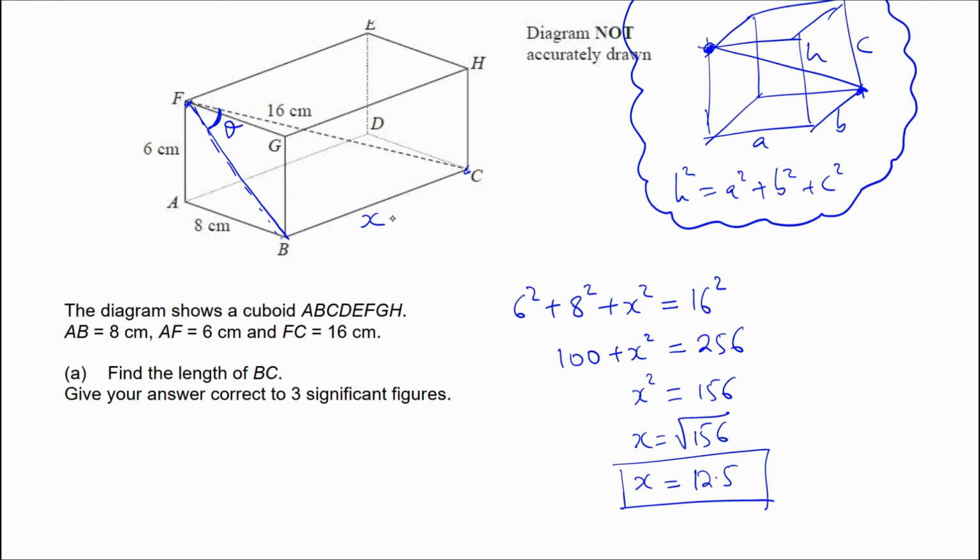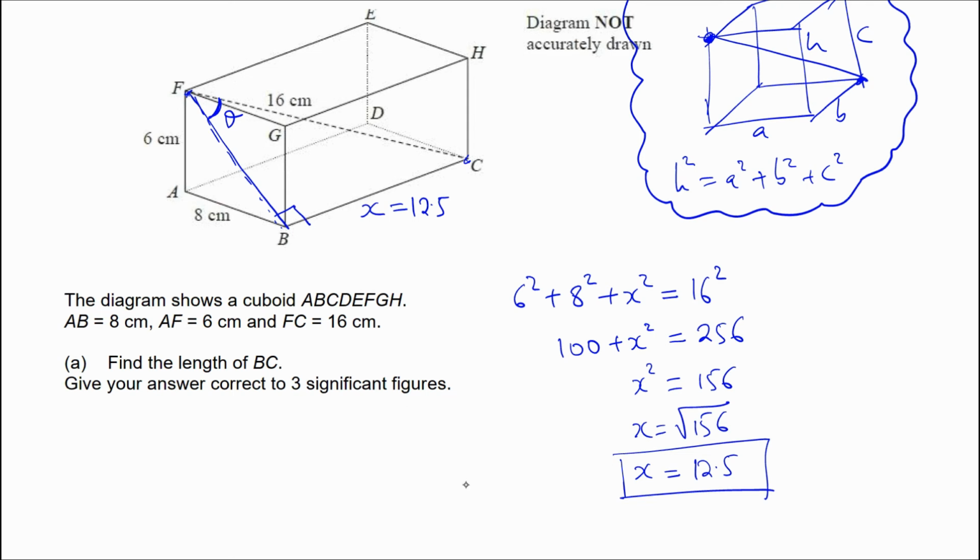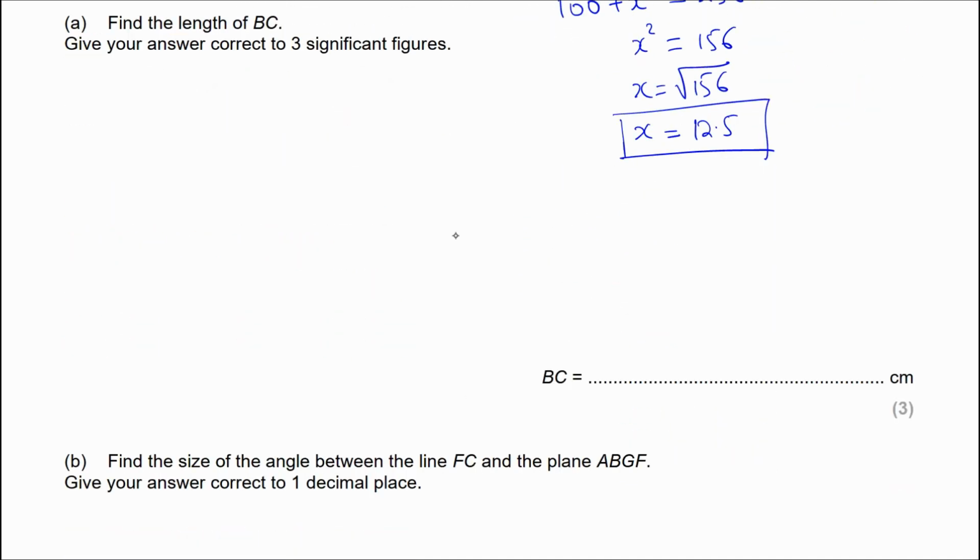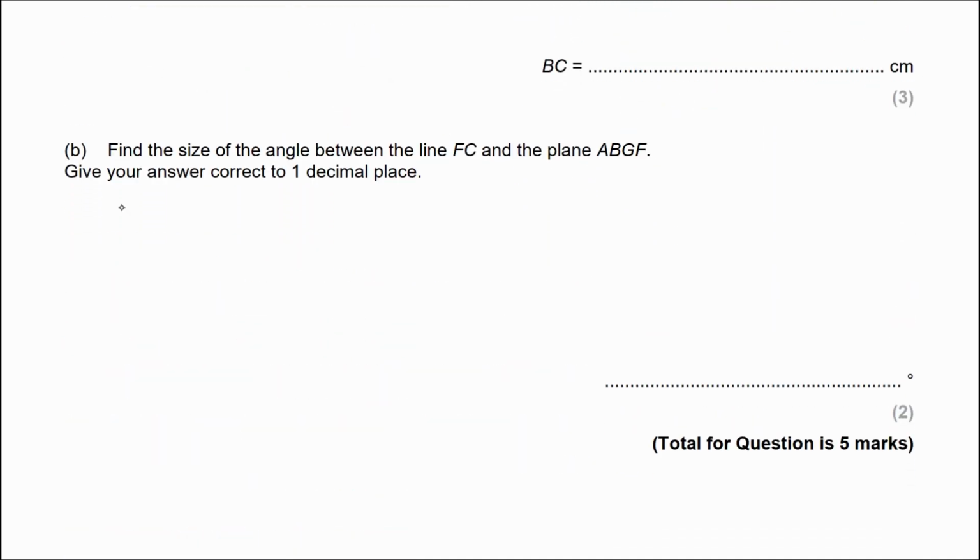So one of the things that you need to notice here is we have the value of x here, which is 12.5. Now, this is a right angle triangle. This one here, the right angle triangle. So if you consider triangle FBC, which basically looks something like this.